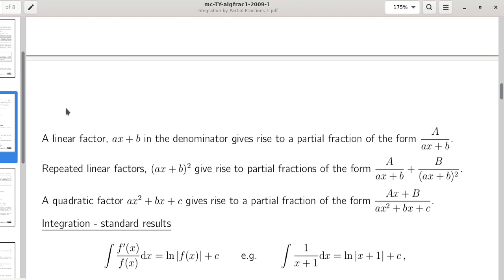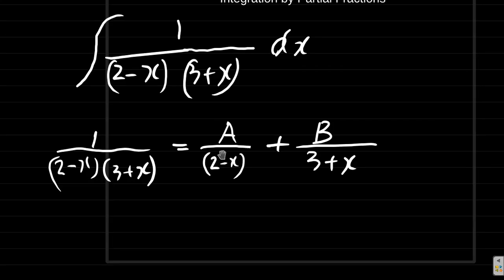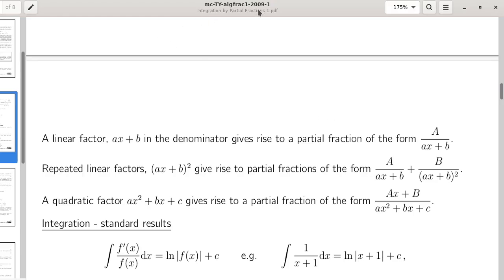this format you see, where did I get it from? It's a standard format for this form of partial fractions. For example, this is a document that I downloaded from matacentre.co.uk, a PDF document.